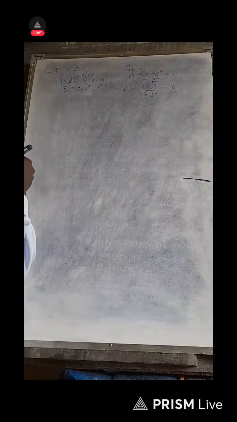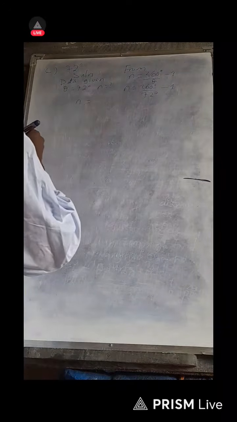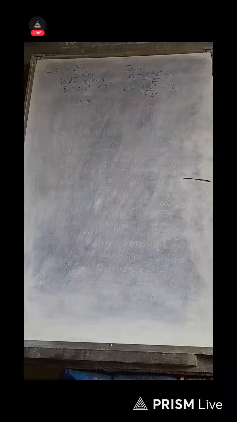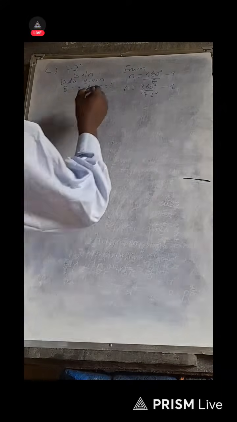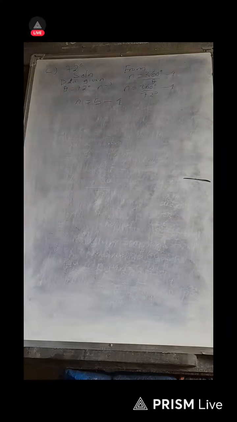Important to note: if you take that, you can get 360 divided by 72, which is how much? Is it 5? Yes, it is 5. So 5 minus 1.